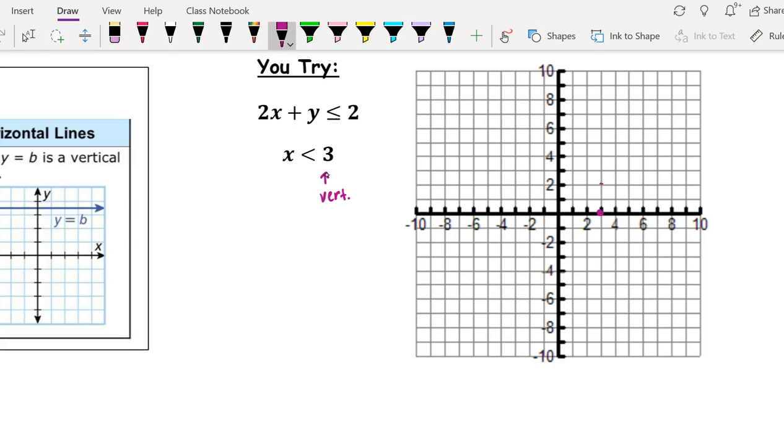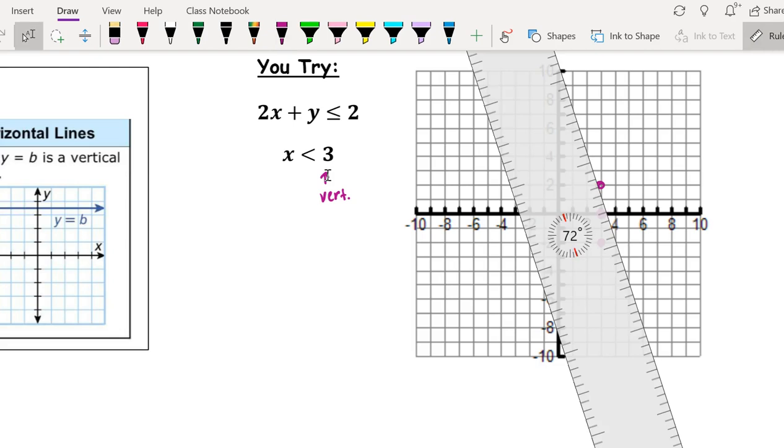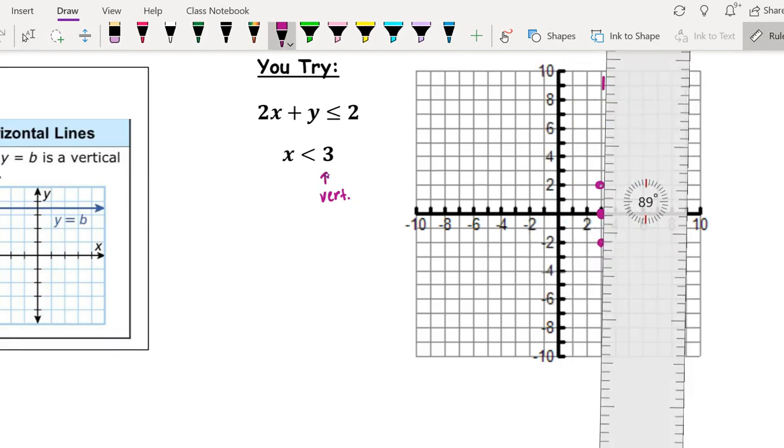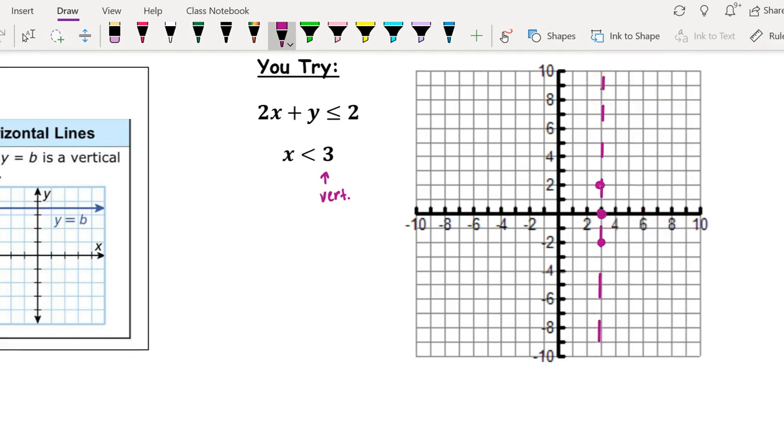So I would go to 3, x equals 3, and I'm going to put some points, and I'm going to make that vertical line. It's a dashed line. No, that's not 100% straight. It's pretty close. And because we are less than, this is going to be to the left. Now, this is the only case where it's not like above, below. It's left because values left of 3 are smaller or less.